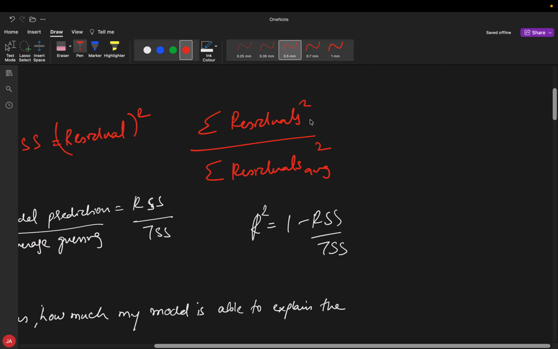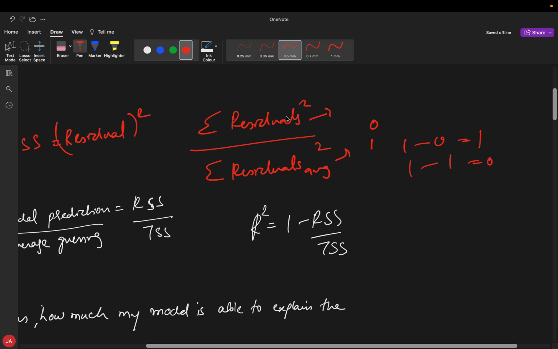Let's say mine is very low compared to this, so the value will be close to 0, and 1 minus 0 means r square will be close to 1. But if my model's residuals and the residuals of the average predictions are almost equal, the ratio would be 1, and 1 minus 1 would be 0, so r square would be 0. That means my model is just as good as the mean model.